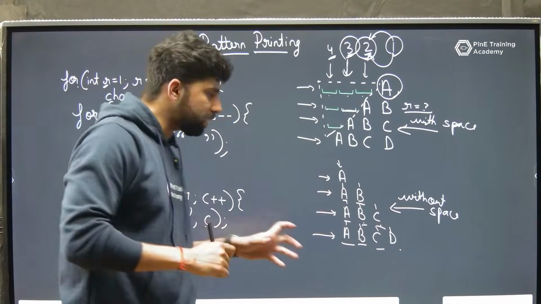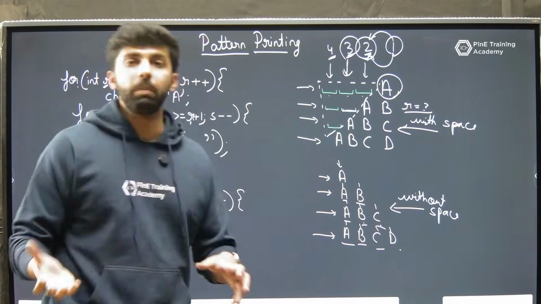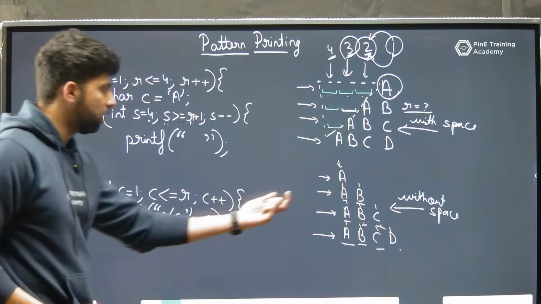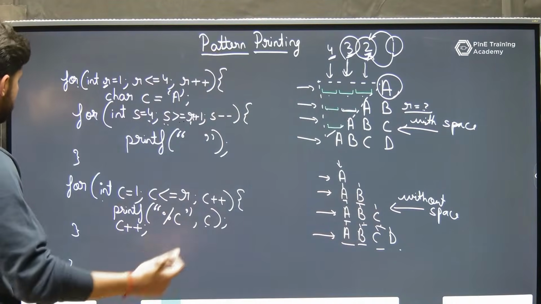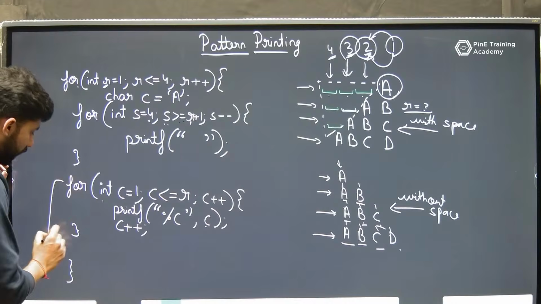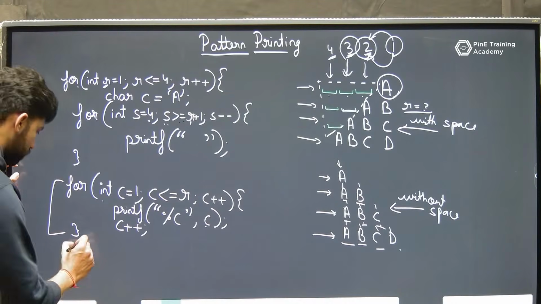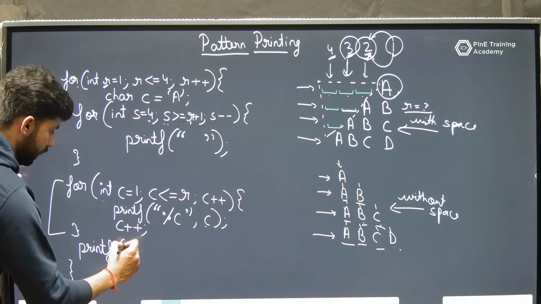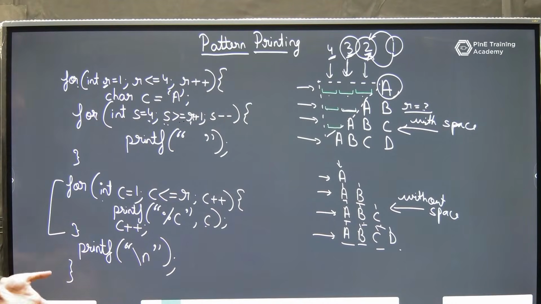Whenever we do plus plus on a particular number, it gets incremented. Same way, if we do plus plus on a character or alphabet, it will also get incremented. You can try that. And after we are done with this column loop, we can simply change the line and we are done.